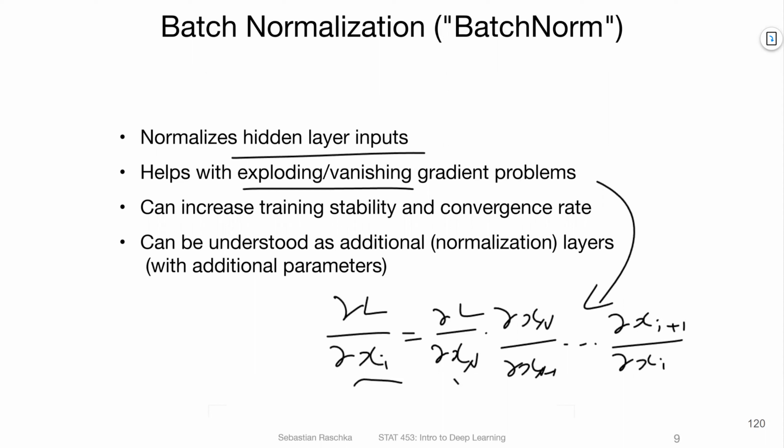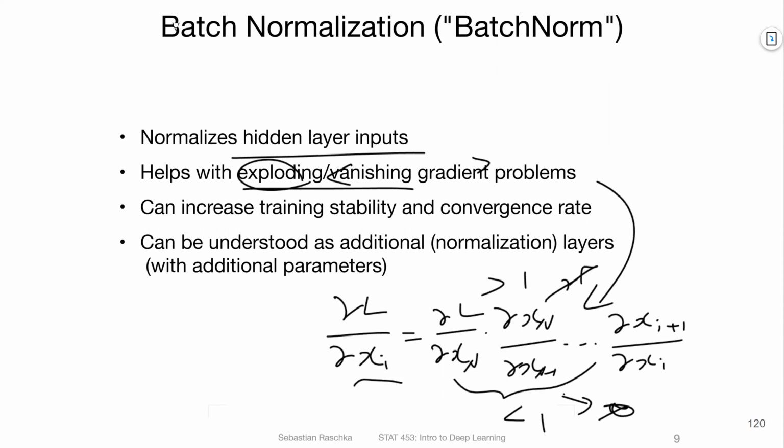And what if all these values are less than 1? Then these values, when multiplied multiple times, will converge to 0. That's what vanishing gradient is about. And what if these values are larger than 1? Then these values will diverge. In that case, we say exploding gradient.